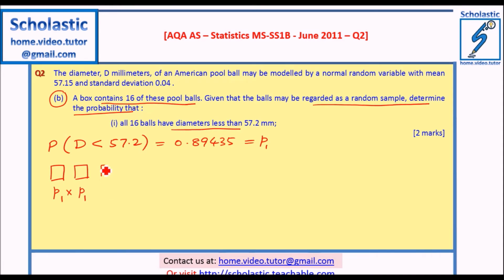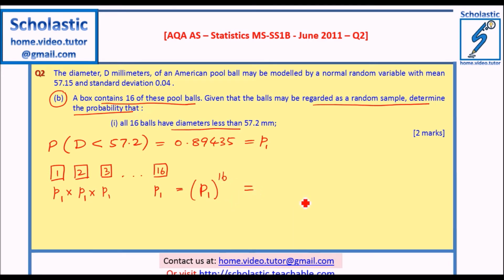Like that we take 16 balls, 1, 2, 3 up to 16 balls. All these balls will have a probability of P1, that is the ball being less than 57.2 millimeters is P1. So then the total probability of having all 16 balls with diameter 57.2 or less is equal to P1 to the power 16.